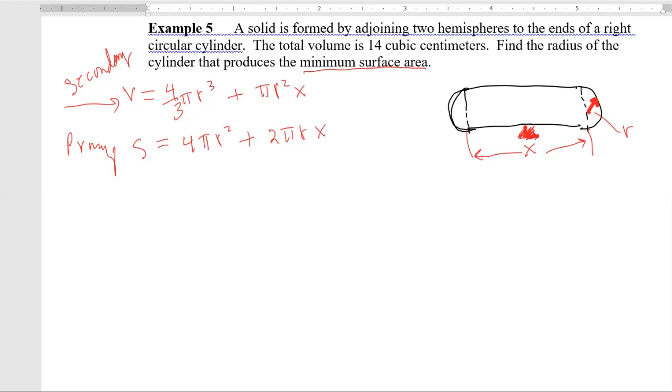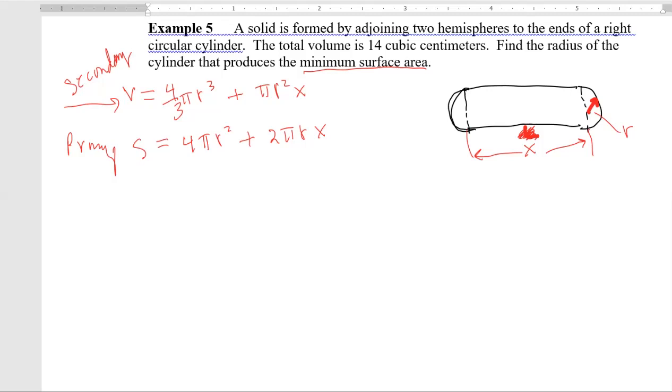So what you have to do, I would suggest getting rid of the x. There's a couple ways we could do that. I don't want to be too tricky. You can solve this quantity here for x. Yeah, that might get messy, but you can solve this for x and then substitute that in here.